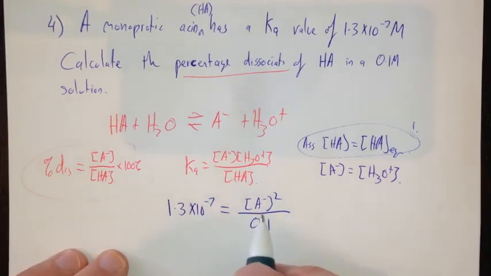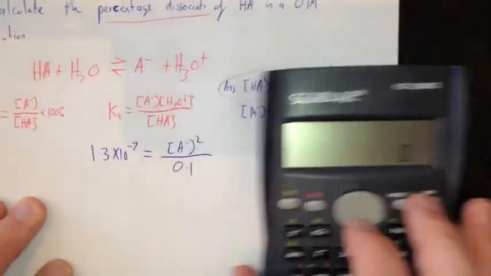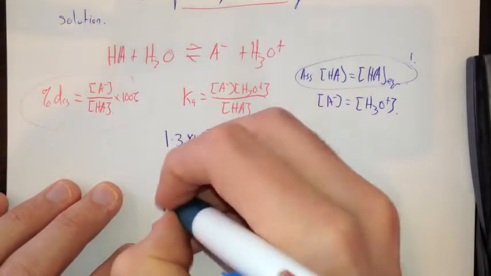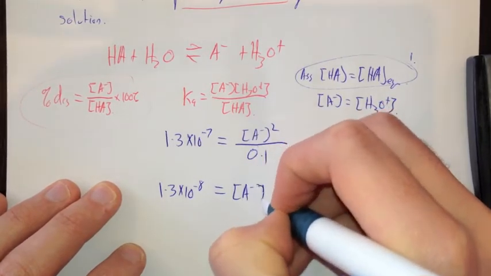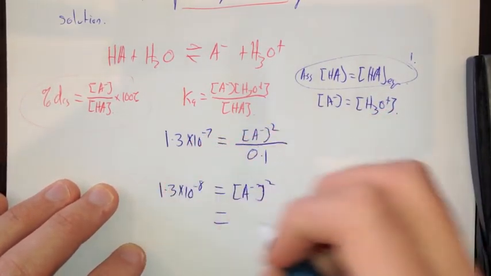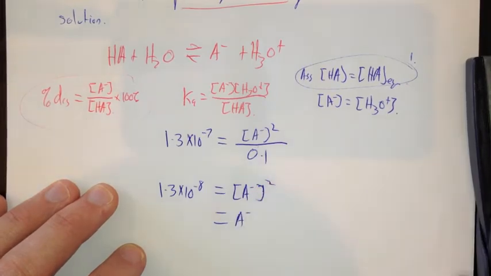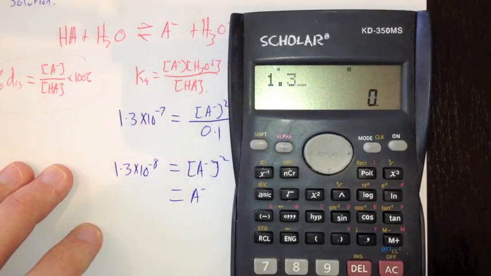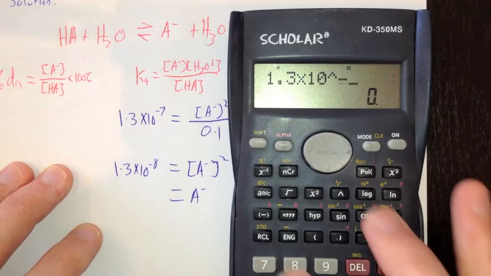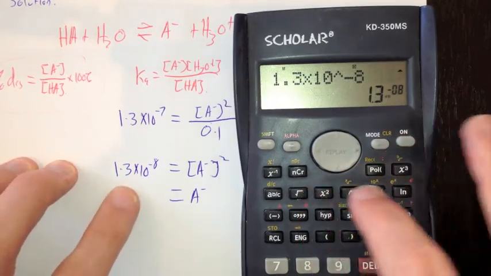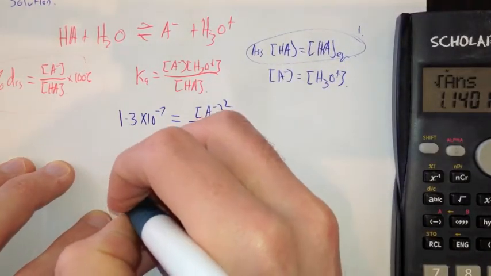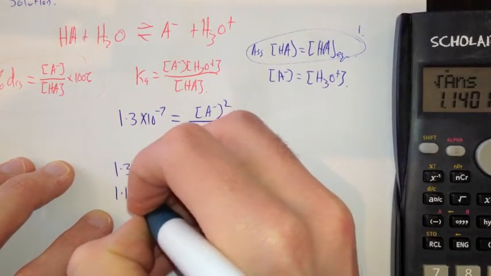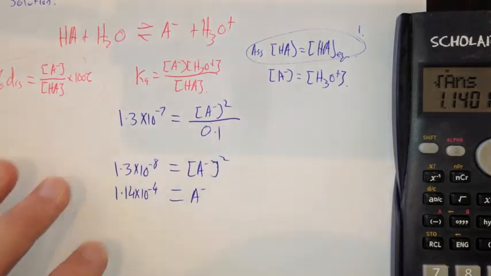That means we can rearrange this equation and work out what our concentration of A minus is. So multiplying this, we get 3.1 times 10 to the negative 8 equals concentration of A minus squared. Therefore the square root of this will equal A minus. We want to get the square root of that, so our answer is 1.14 times 10 to the negative 4.